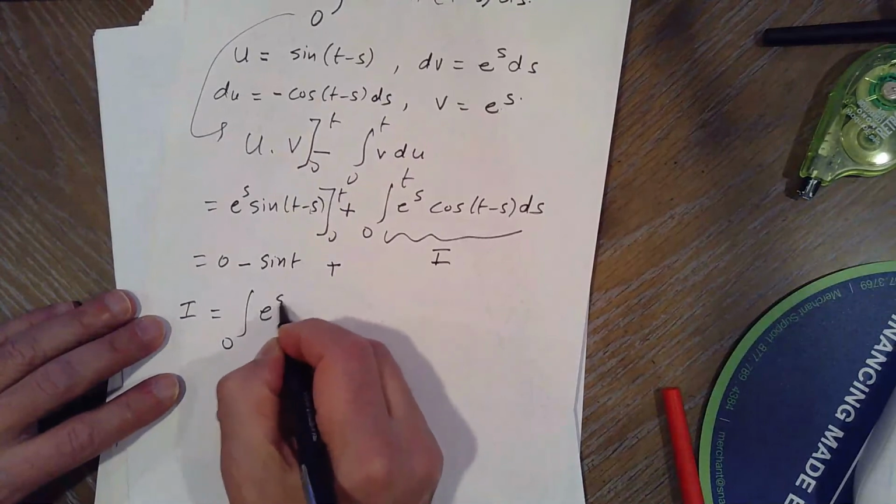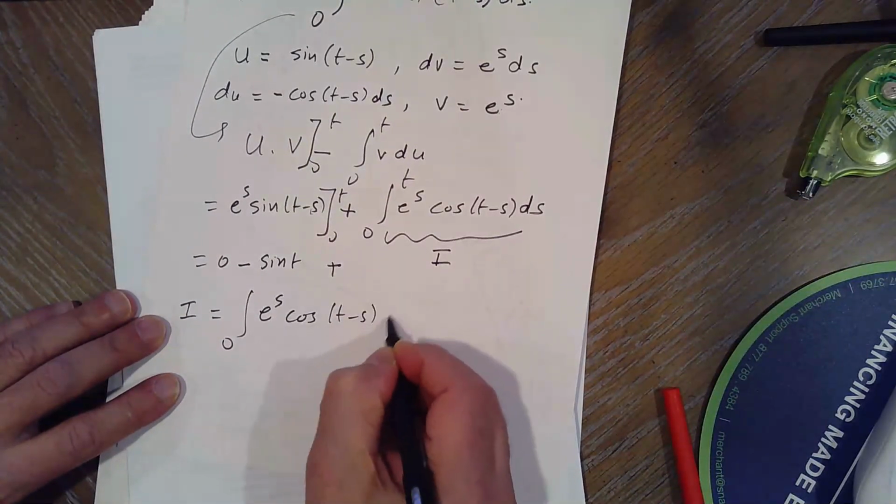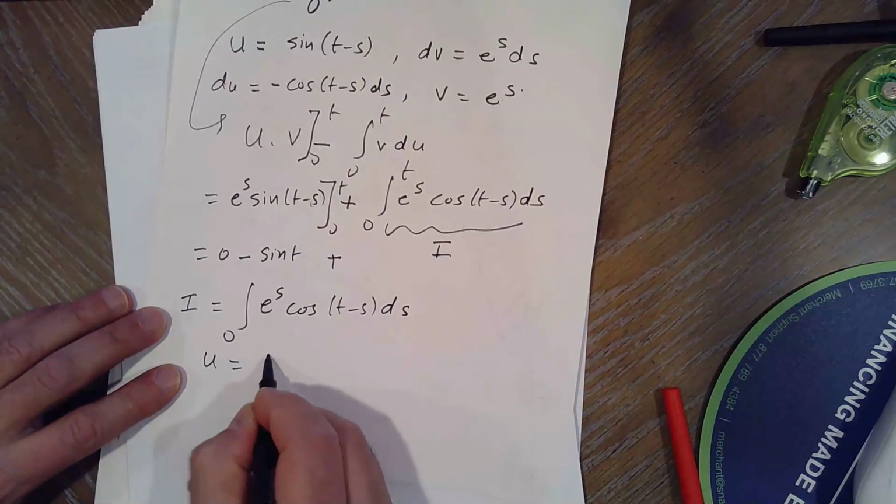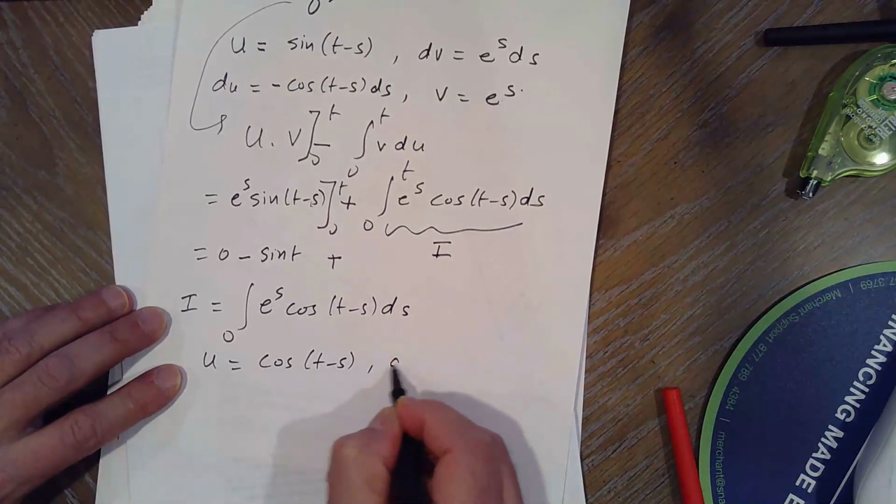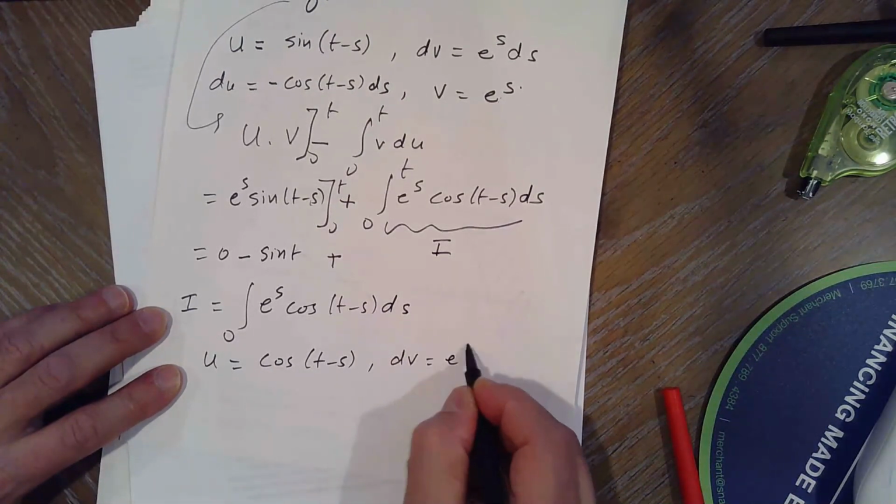So the integral from 0 to t of e to the s cosine of (t minus s) ds. Again, u equals cosine of (t minus s), dv is e to the s ds.